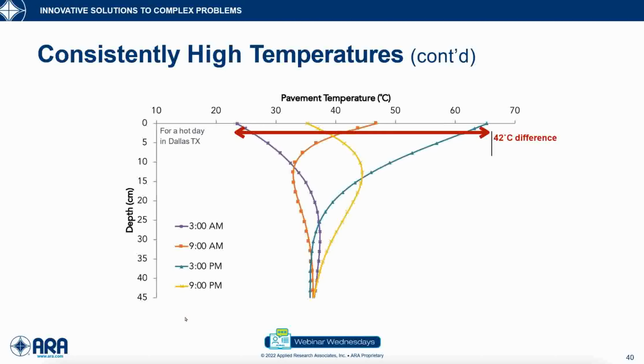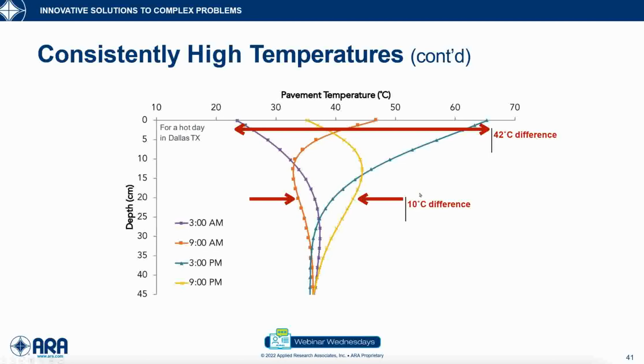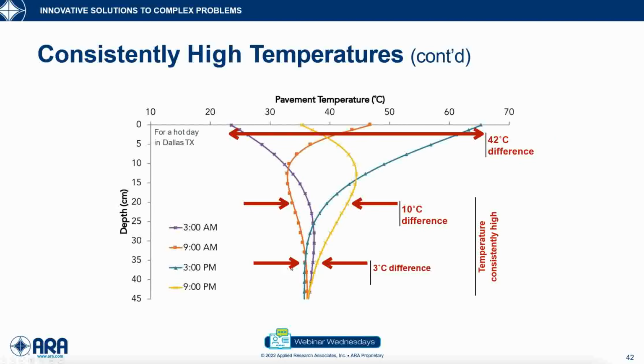Now, rutting is going to happen at high temperature. So let's say it's going to happen between 40 degrees C and 65 degrees C. So basically, between noontime or morning time and the afternoon is where I'm going to see hot temperatures causing rutting. However, if I go deeper, to 35 centimeters, where I have the base layer, the temperature is now constant regardless of what time it is in the day.